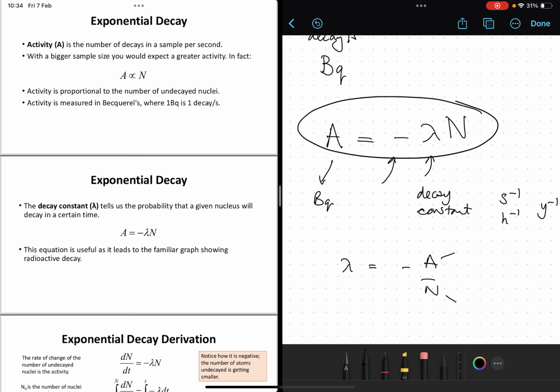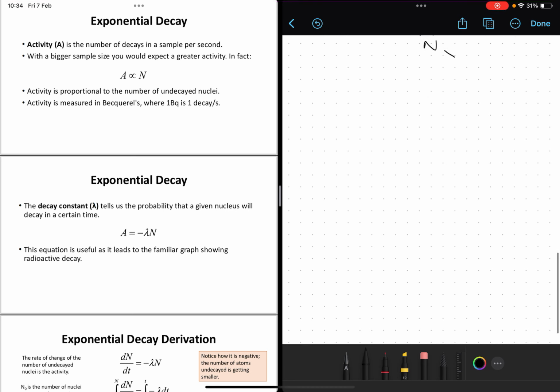There's not necessarily a correlation between the value of lambda and whether it's alpha, beta, or gamma decay, and it's certainly not dependent on any of those external conditions that we've talked about so far. So in other words, activity being minus lambda N is really a measure of the rate of change of those undecayed nuclei.